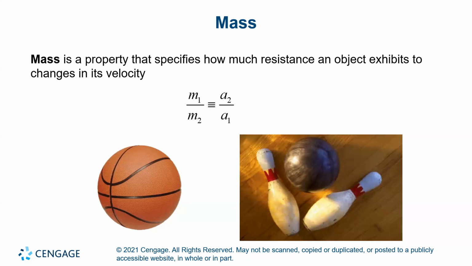For example, if a force acts on a 3-kilogram object and an acceleration of 4 meters per second squared is produced, and you apply the same force to a 6-kilogram object, the acceleration produced is half of 4, which is 2.